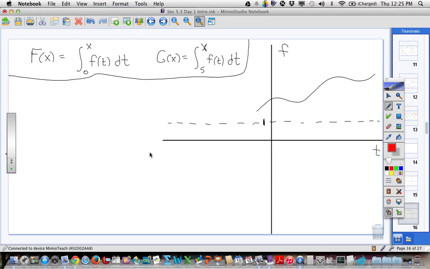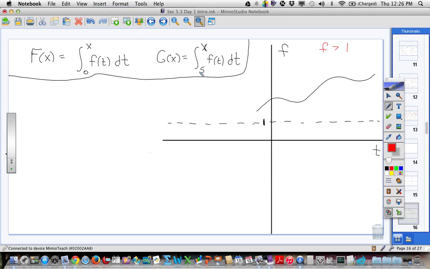So I do want to talk about, did we talk about number 12 yesterday in class? Number 12 through 14? Didn't we? Okay, I couldn't remember if we did or not. So we talked about 9, 10, and 11 yesterday. That was this situation here, that we said that little f was greater than 1, and they gave you big F and big G, right? So what we know is that big F is the antiderivative of little f, and big G is also an antiderivative.